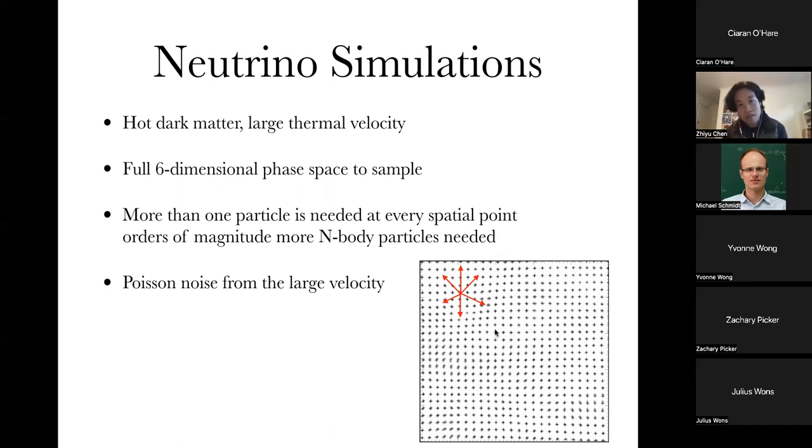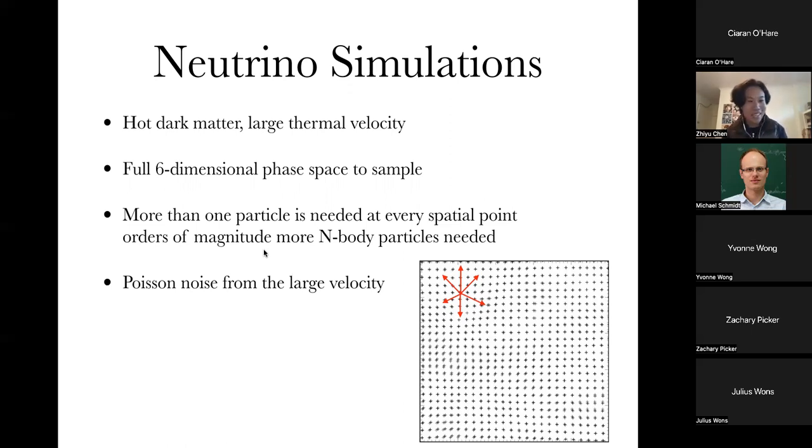Now for neutrinos, in that one spatial location, you will have to sample the entire 3-dimensional Fermi-Dirac distribution. So conservatively speaking, if you're sampling 6 cardinal directions and 15 momentum bins in each direction, that's 90 neutrinos for each cold dark matter particle you need at every location. And that's a very, very generous estimate.